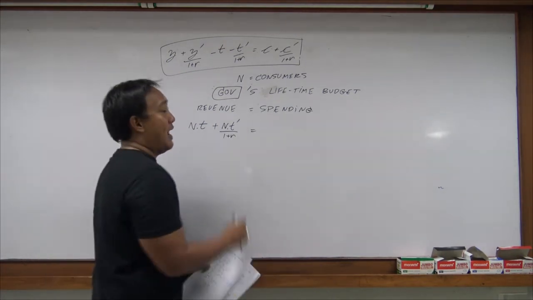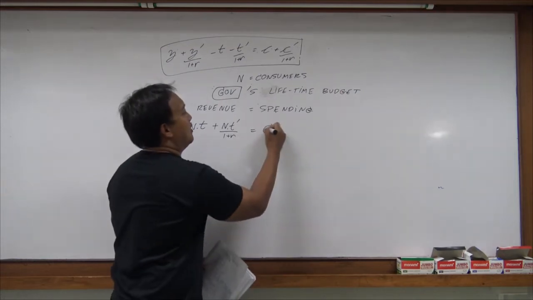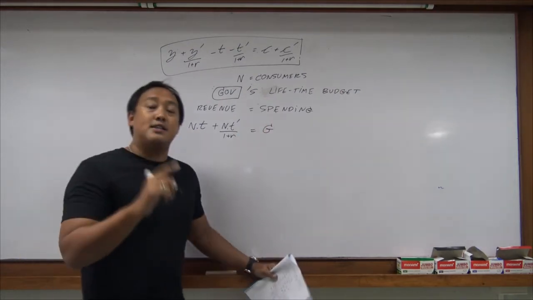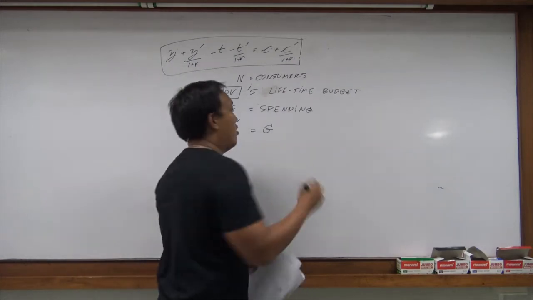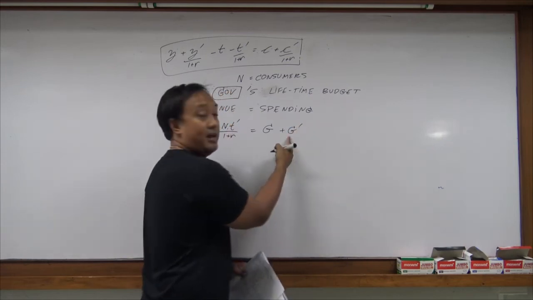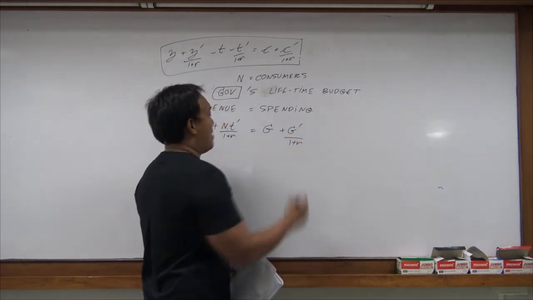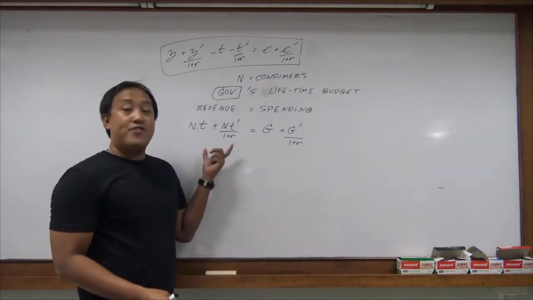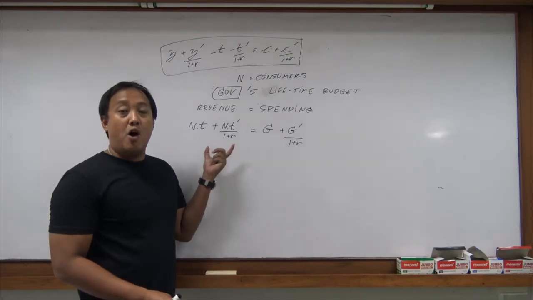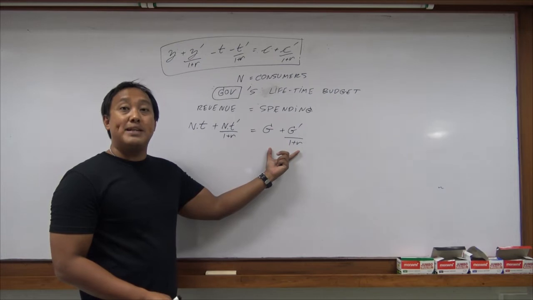The money that the government spends today we call G, big G. This is today's government spending, and the money that the government spends tomorrow is G prime. G prime stands for government spending tomorrow, discounted to present value, divided by 1 plus R. Then you have this equation: lifetime total revenue, or lifetime tax, of the government should be equal to lifetime government spending.